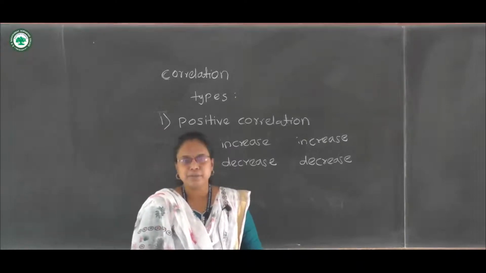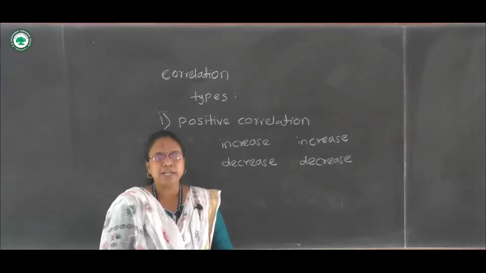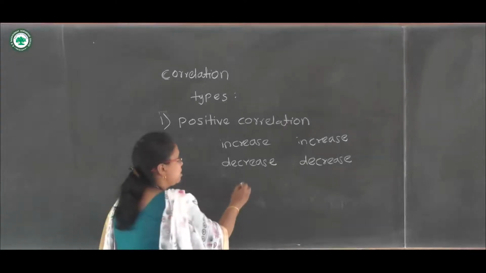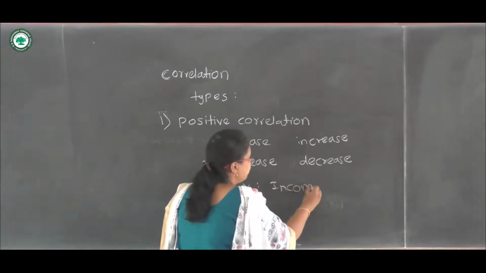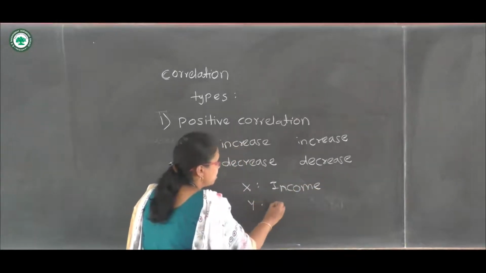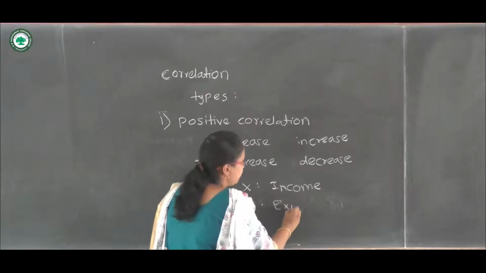There are some examples like income and expenditure of a family. Suppose x denotes income of a family and y denotes expenditure of a family.